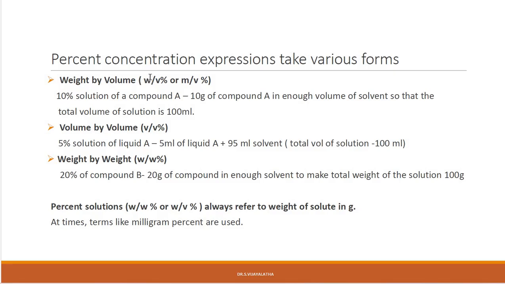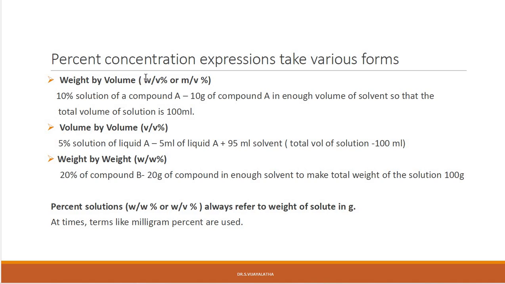So W, so we are going to weigh 10 grams of the compound and add sufficient amount of the solvent so that the total volume of the solution becomes 100 ml. So 10% solution means 10 grams in 100 ml of the solution. 20% means 20 grams in 100 ml of the solution.